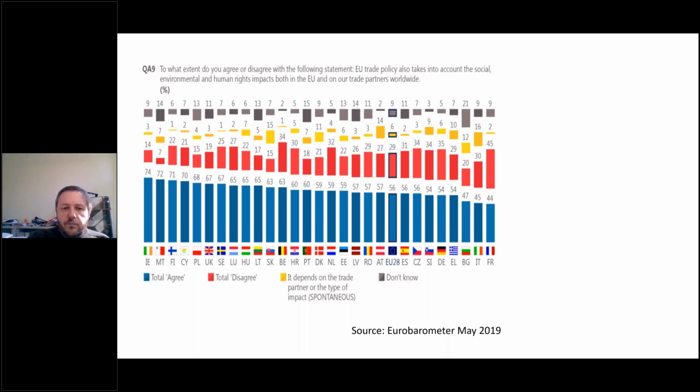So that's the values which are integrated in trade policy, how that's done in the instruments we will see, and the perceptions of people on how the EU is doing that.